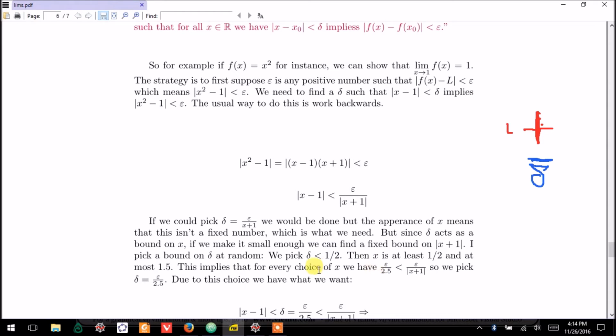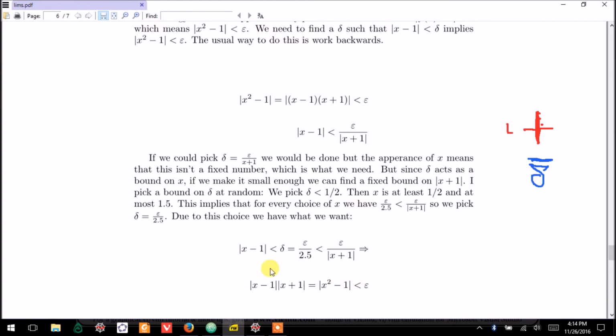I choose among that range of values the one that would guarantee epsilon over absolute x plus 1 would necessarily be greater than that, because I make that choice, right? That's the choice I make for delta. So I'm choosing delta to be this. And because I choose delta to be equal to this, I guarantee that it's less than this. Now I have exactly what I want.